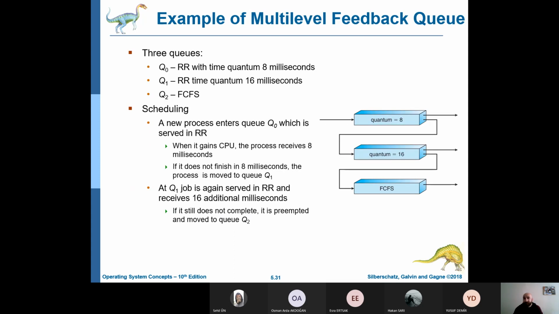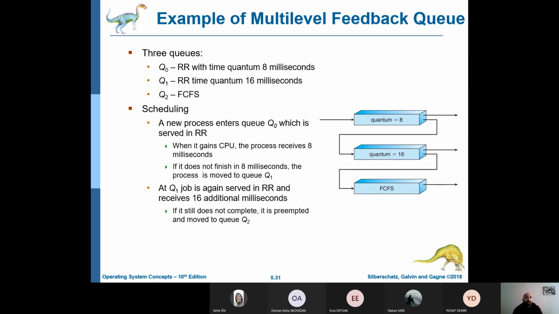For example, consider a multi-level feedback queue scheduler with 3 queues numbered from 0 to 2, as you can see from this figure. The scheduler first executes all processes in Q0.